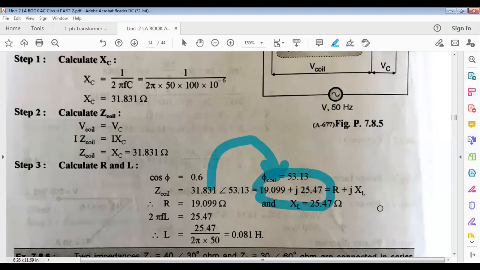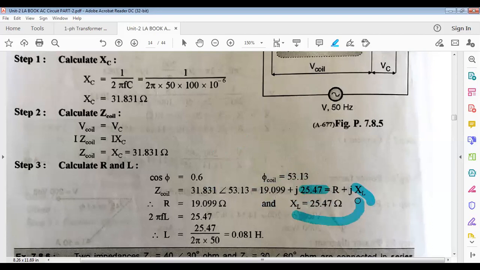And what will be the imaginary part? Inductive reactance, not inductance, isn't it? XL it will be. So 25.47 is XL, that is inductive reactance in ohm.